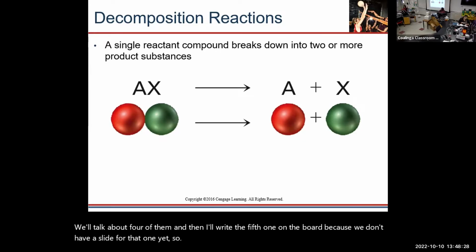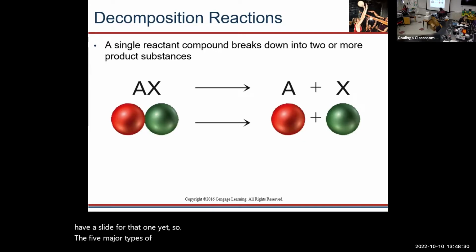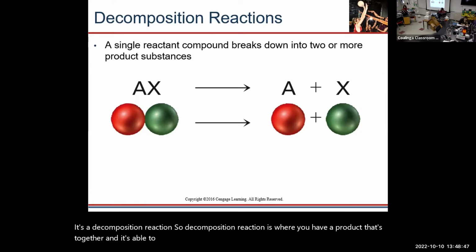The 5 major types of reactions are a decomposition reaction. So a decomposition reaction is where you have a product that's together and it's able to be split up into 2 or more parts.